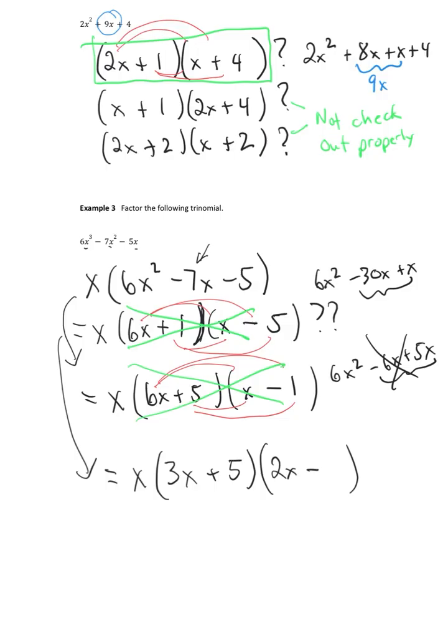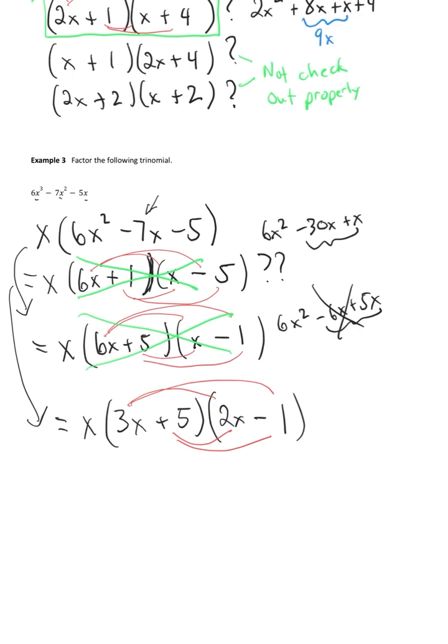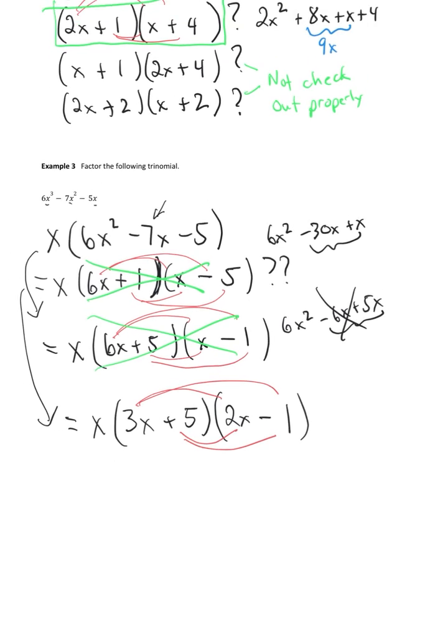So I'll do 3x plus 5 and 2x minus 1. We'll just try these now. I'm optimistic on this one. I haven't checked fully, but I'm optimistic. 6x squared, right? 3x times 2x. And then minus 3x. And then plus 10x. And then minus 5.